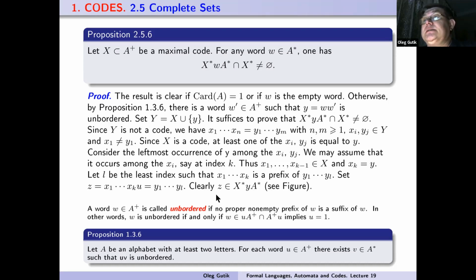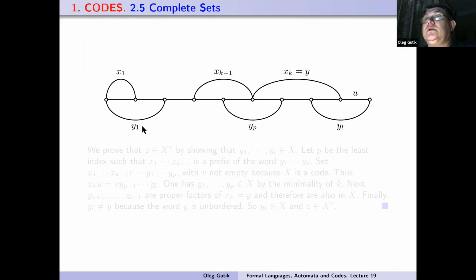Clearly z belongs to the following product: the monoid generated by the set X, that is X*, multiplied by y, multiplied by the monoid A*. And we can find this in this figure.